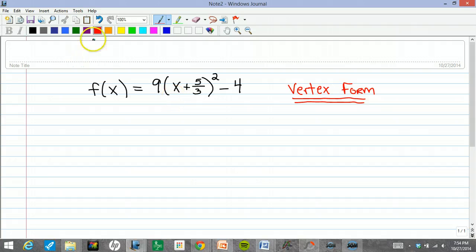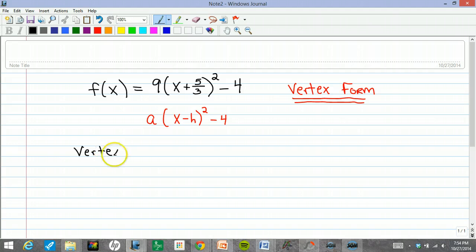Here's the function, and you should notice right away that this is in vertex form. We have a group squared. This is our a value, and then we have x minus h. We have a translation there and a translation here. So vertex form, that's where we begin, with the vertex.